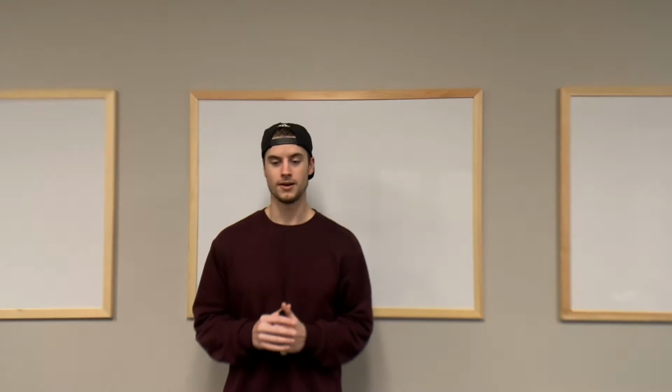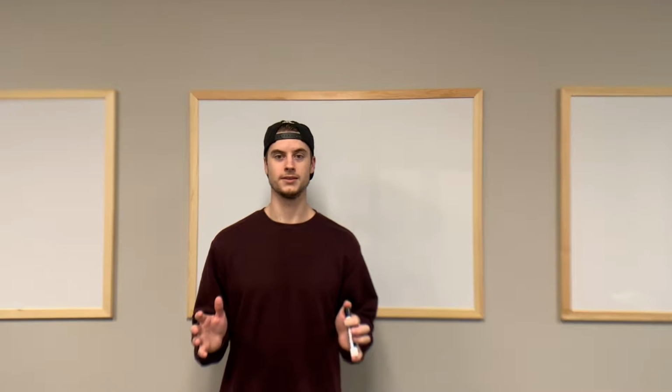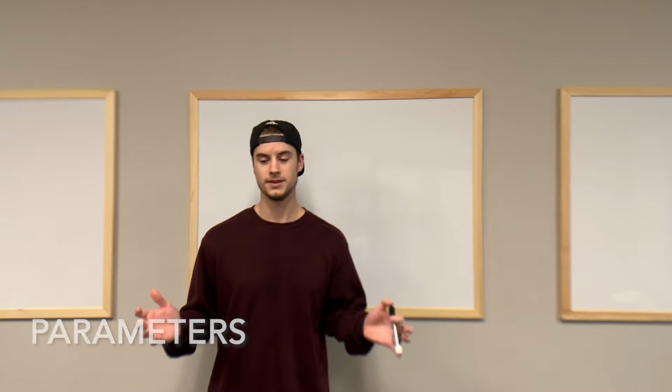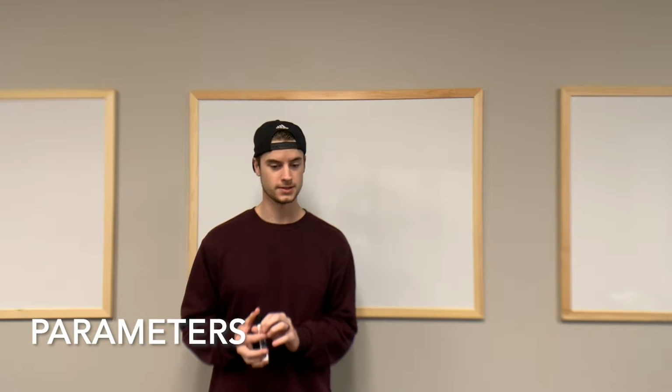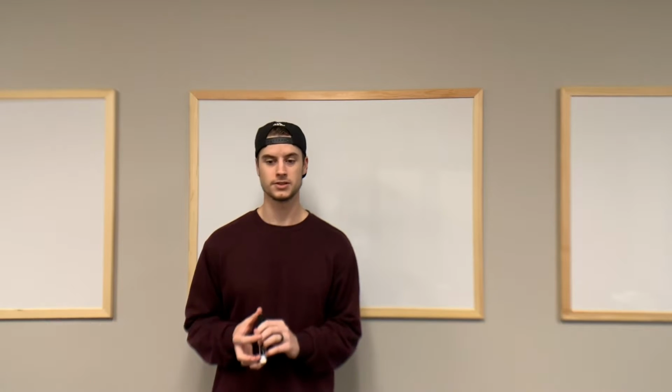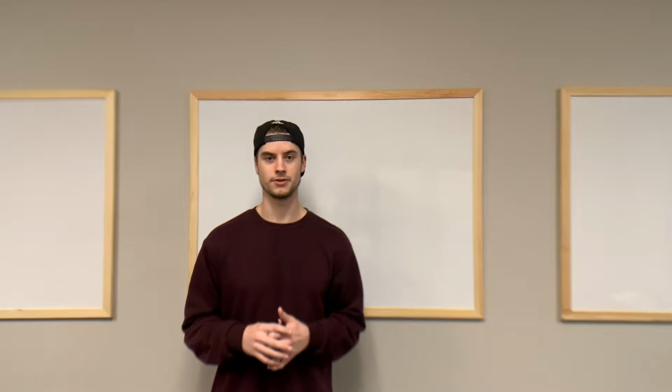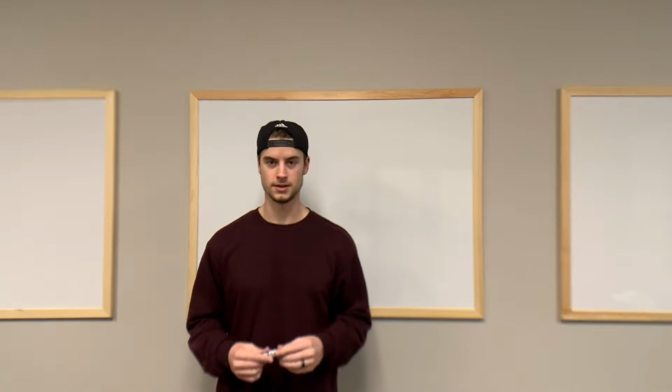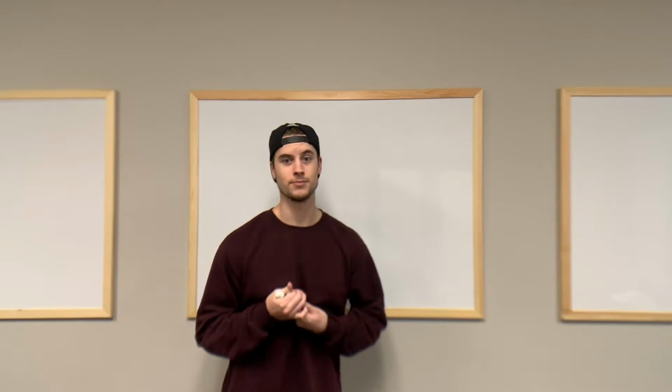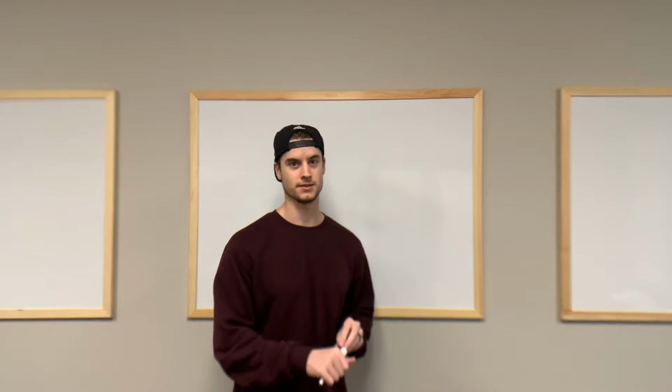Okay, all right, guys. So what we're going to talk about now is what parameters are. What a parameter is, it's just the variable or the characteristic that you're measuring within the population. There's a difference between a parameter and a statistic. They're not the same thing.